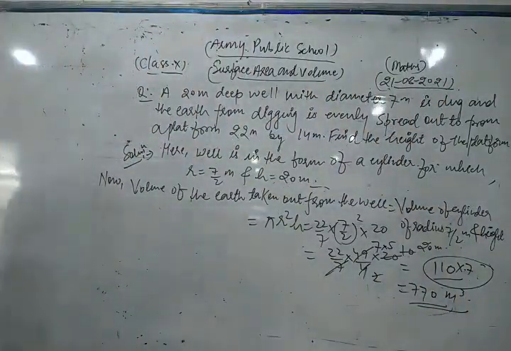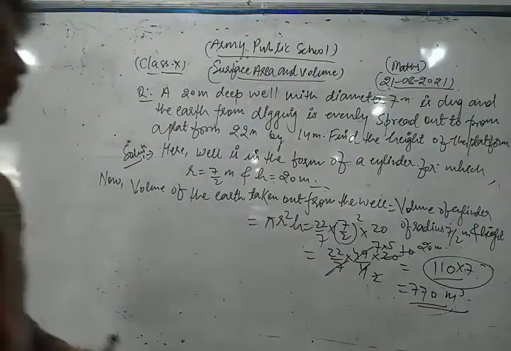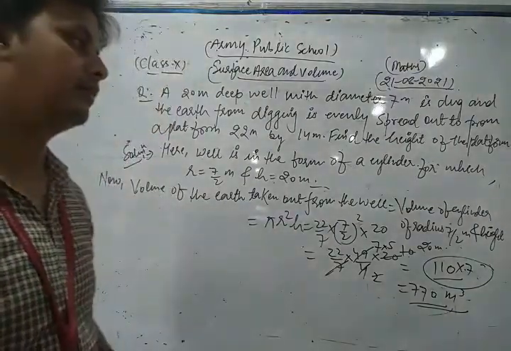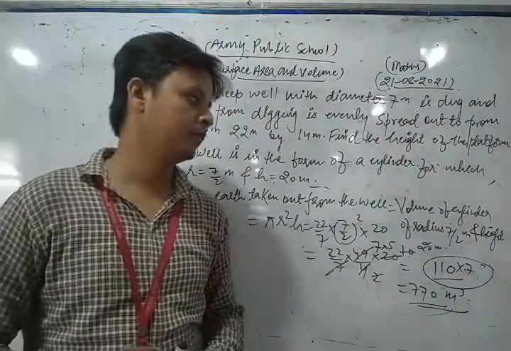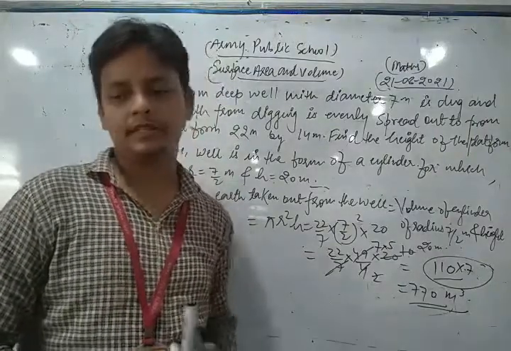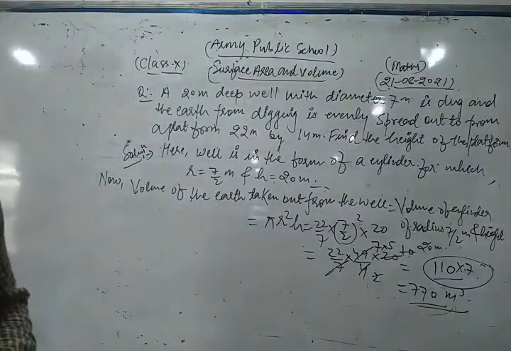This is the volume of the earth taken out from the well, that is, the volume of the cylinder of radius 7 by 2 meter and height 20 meter is 770 meter cube.